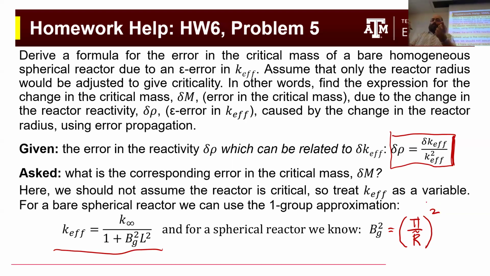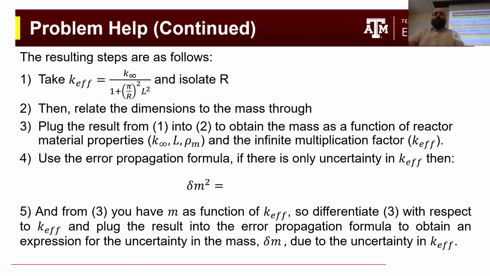So we know BG squared, we know a formula for K effective. So ultimately what we can do is take that definition, plug in that value for BG squared, and then take this expression in step one and get R by itself. In other words, we're going to get R as just a function of K effective and constants.